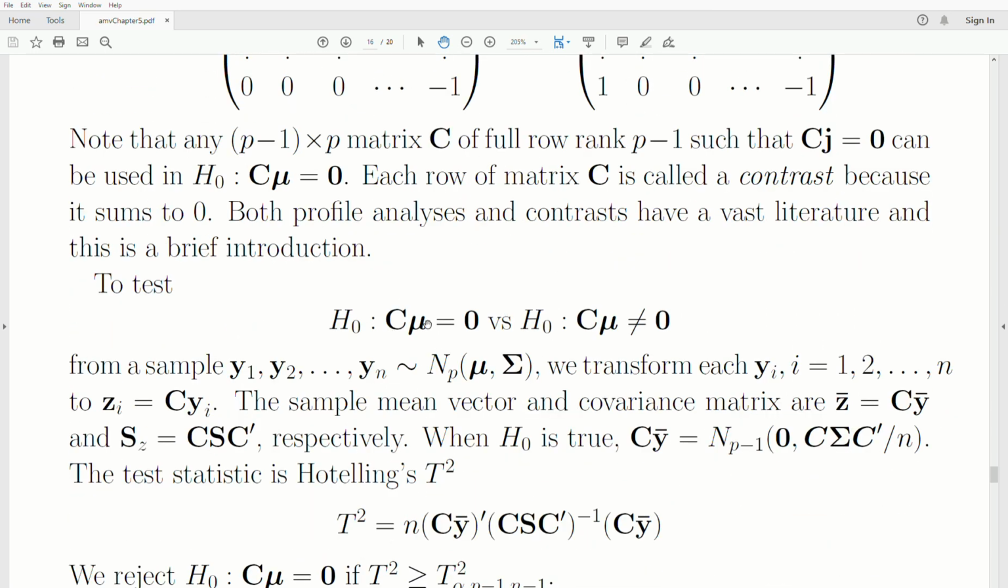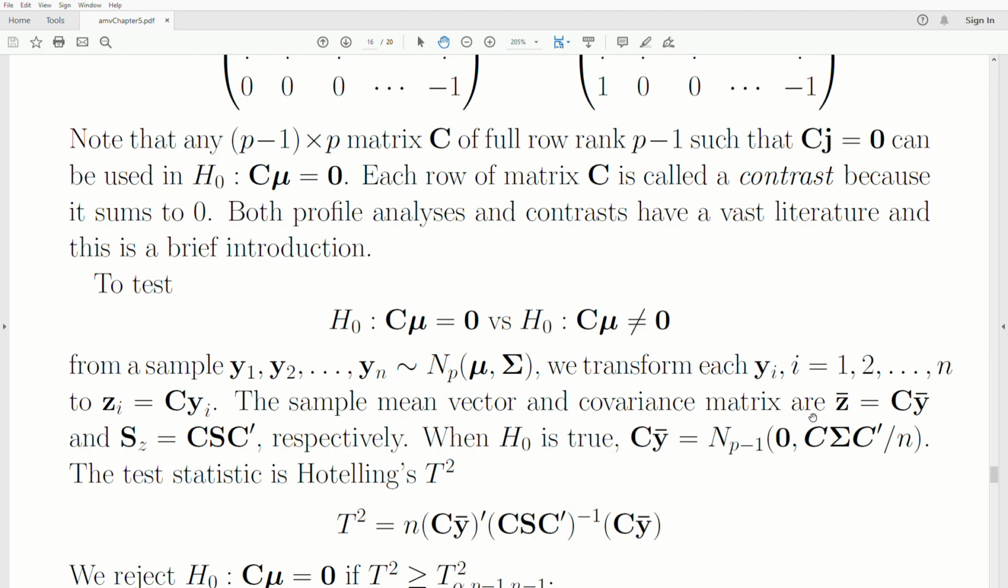So to test this hypothesis, is this transformation 0 or is it not 0? We have a sample y1, y2, all the way to yn, and we transform each y to z, or Z equals C times the vector y.